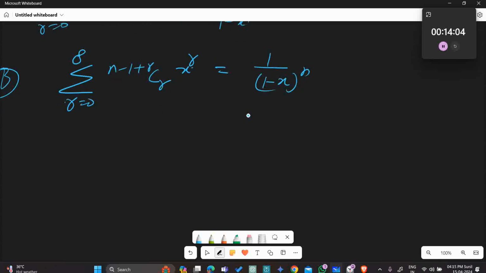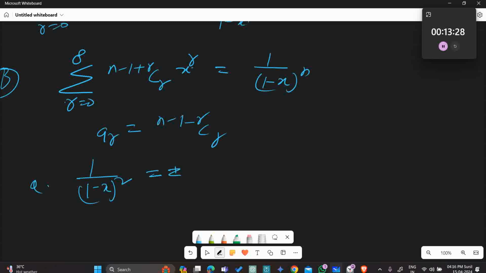Fascinating function is that now A of r here is (n minus 1 plus r)Cr, right? So this portion here is 1 upon 1 minus x squared, then it is equal to what?